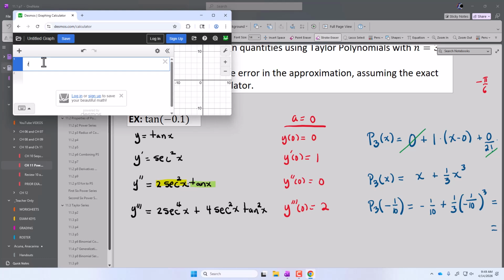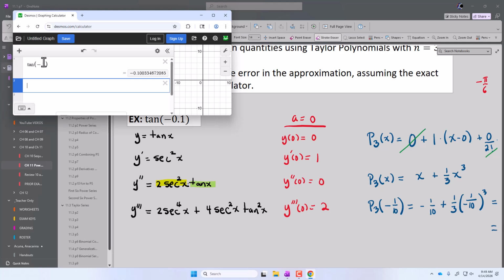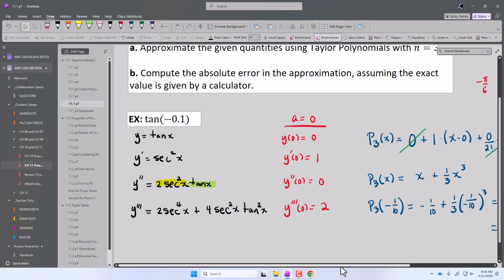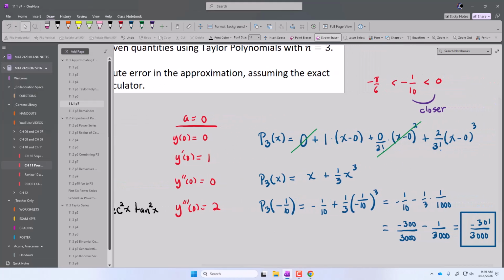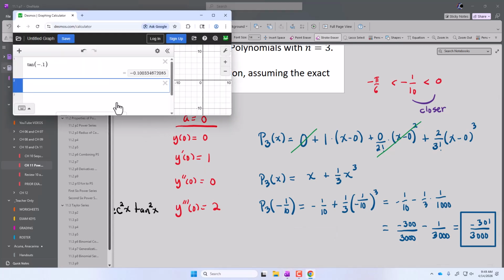All right, so we had tangent of negative 1/10, and then we have whatever that thing is over here. So negative 301 divided by 3,000.